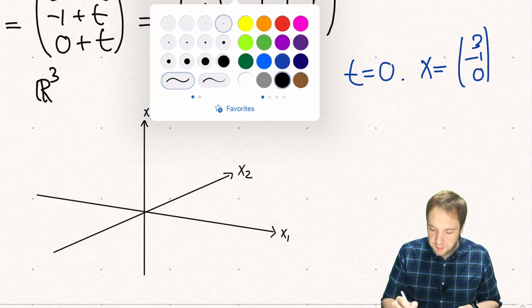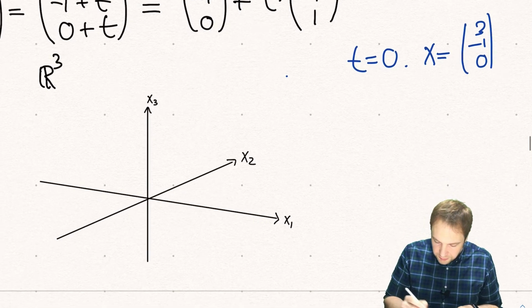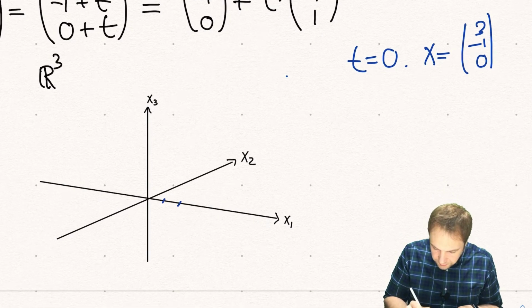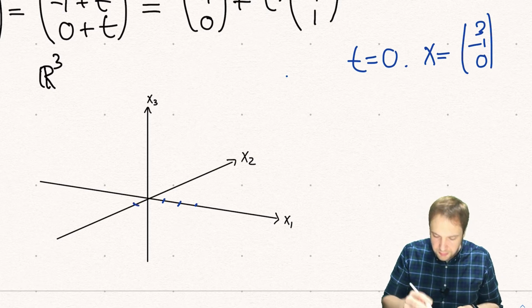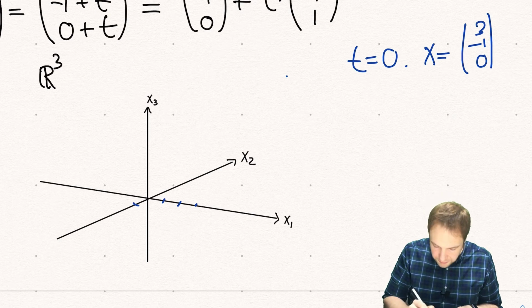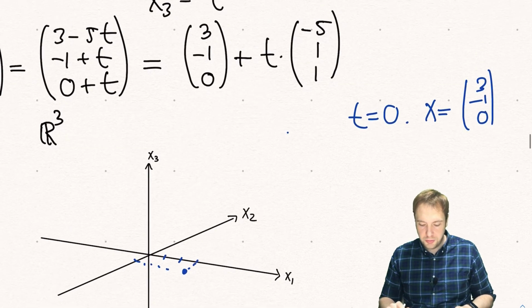One of them is given by this (3, -1, 0). So on the x1 axis we go 3, on the x2 axis we go minus 1, and on the x3 axis we go 0. So this point is one possible solution.